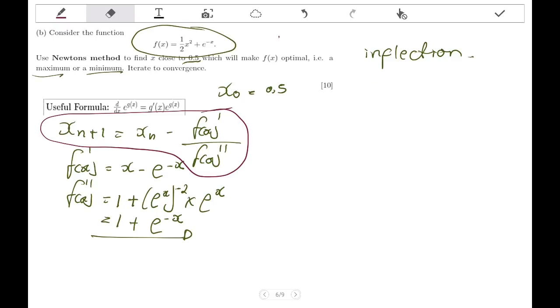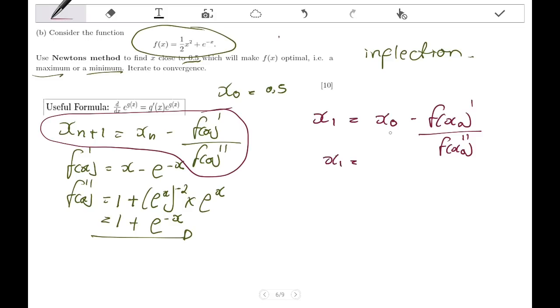Our x1 is equal to x0 minus f prime of x0 divided by f second prime of x0. Then x1 is equal to what is our x0? Our x0 is given as 0.5, minus the f prime of 0.5 divided by the f second prime of 0.5.